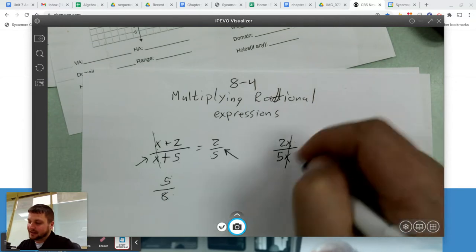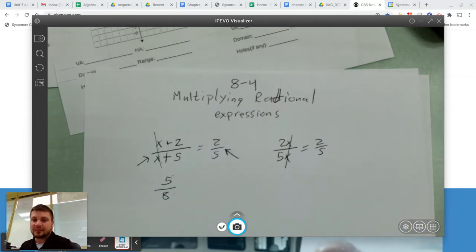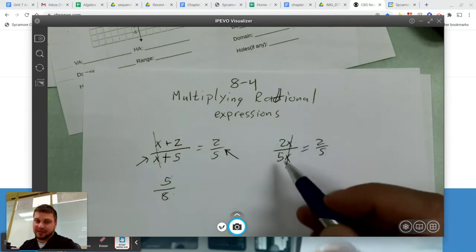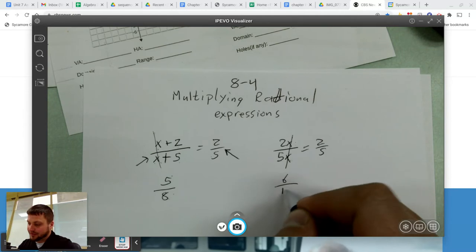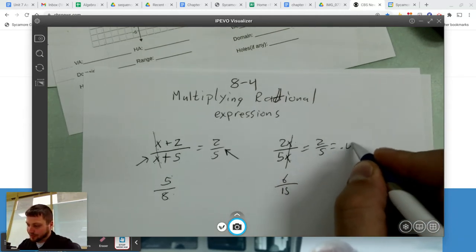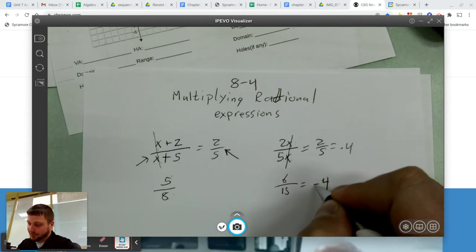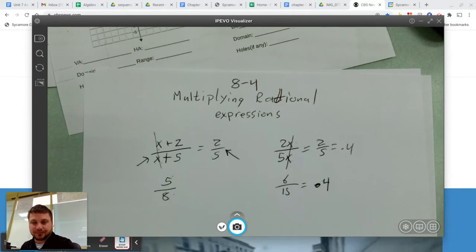So in this case, I can go like this and say that, yes, this is equivalent to 2/5. To prove that to you, again, let's say my favorite number is 3. 2 times 3 is 6 over 3 times 5 is 15, which is equal to 0.4 as a fraction, and this is equal to 0.4 as a fraction, showing you that, yes, these two things are equivalent. Okay?